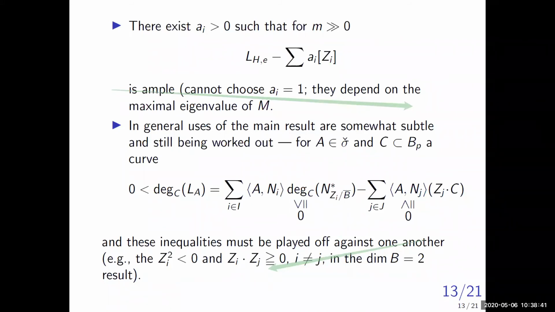On the other hand, for the C that meet the Z_j, the lower dimensional strata, the intersection number of C with Z_j is non-negative. So you get a different sign. What you've gotten here is something positive that is a difference of things with opposite signs. So you have to play those inequalities off against one another. The geometry behind that still isn't really understood in general.